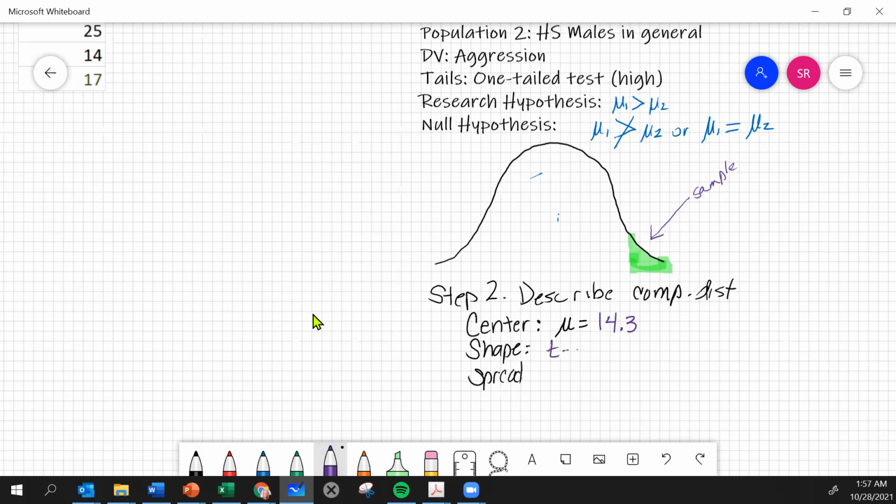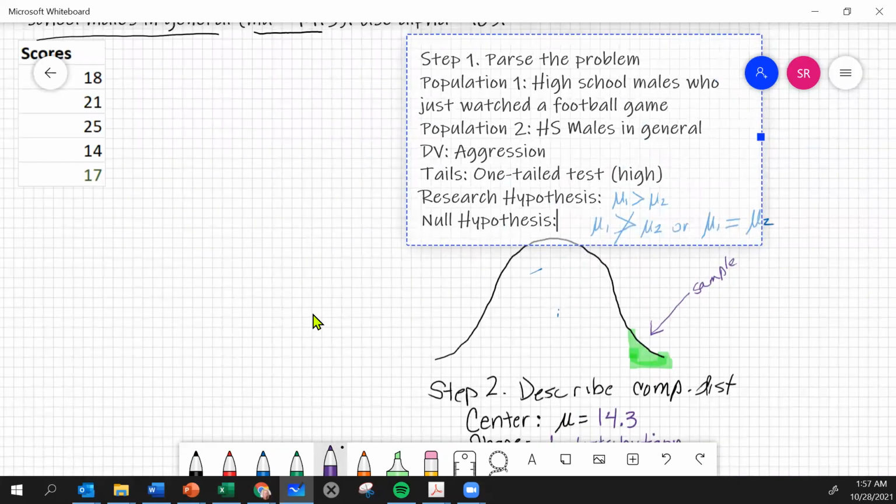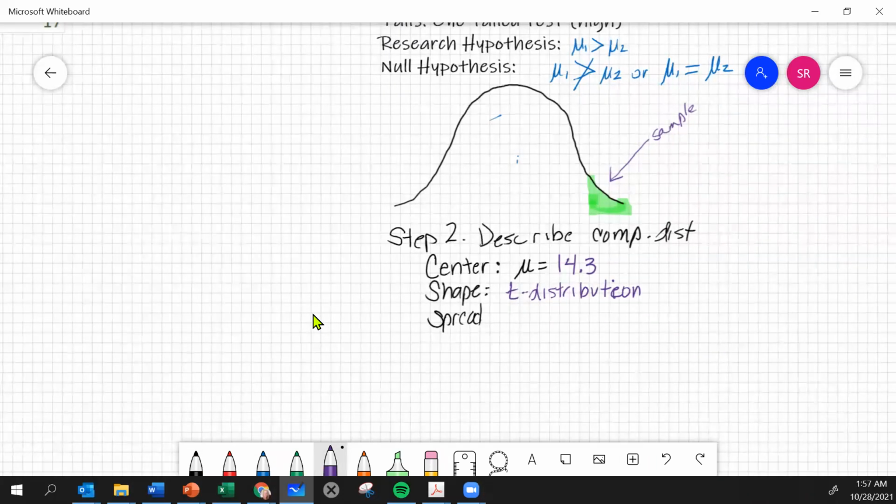The shape, we're not going to be using the z distribution anymore. We're going to use the t distribution. And that is very similar to that z distribution, except the shape changes. The tails get fatter depending on the degrees of freedom, or the number in the sample minus 1. And so in this case, we are just looking for t distribution with degrees of freedom equals n-1.